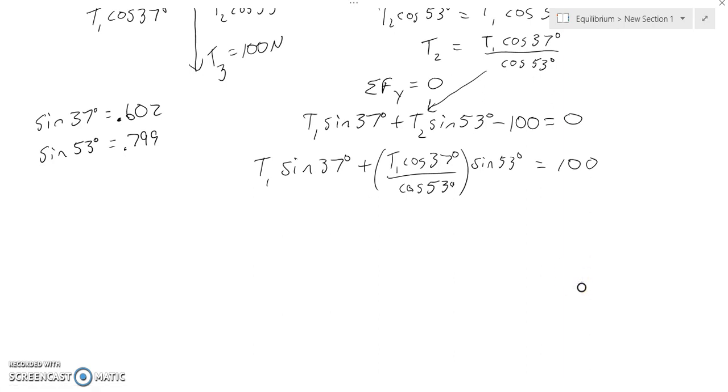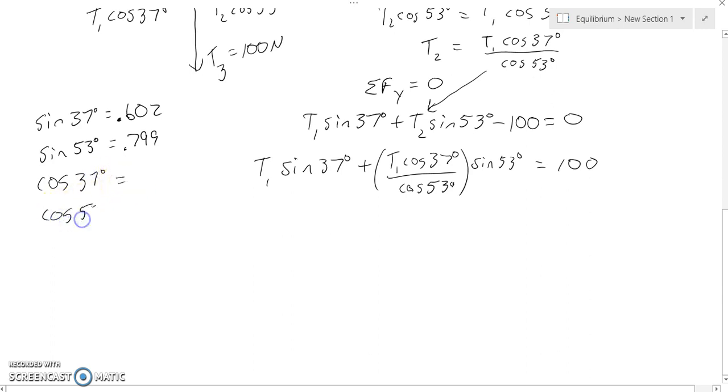We also have, we got sine of 37, sine of 53, we've got cosine of 37, cosine of 53. So cosine of 37 is going to be, oh, I knew that one, 0.799. This one should be 0.602. Okay. Now again, you can substitute those in whenever you want.